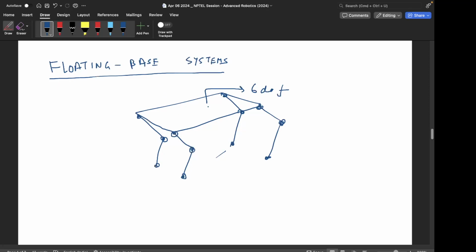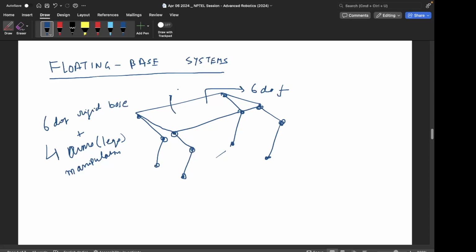So it's like a 6 degree of freedom rigid body kept on 4 sets of manipulators, right? You can think of it as 4 arms, or here better called legs, which are serial chain manipulators, in addition to a 6 degree of freedom rigid base or the torso, right?